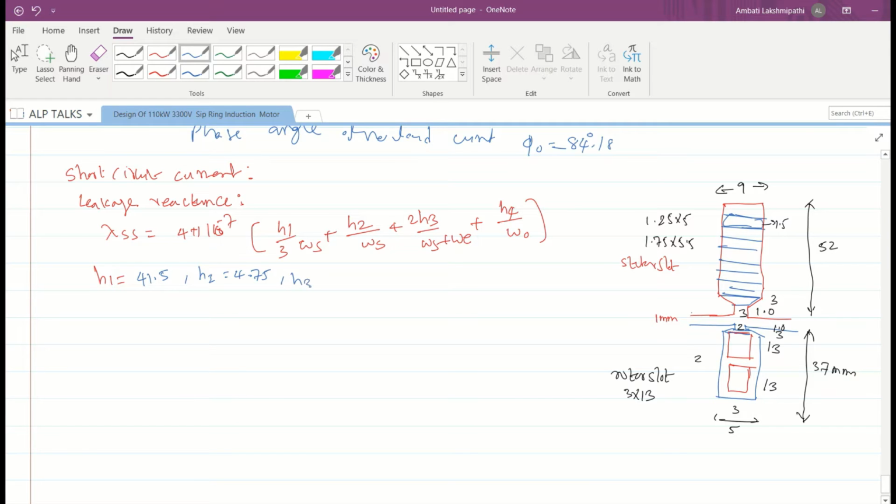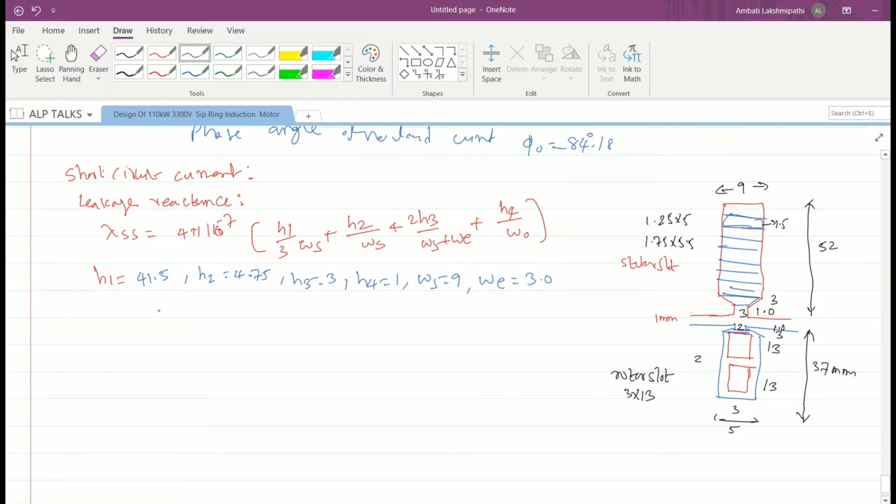Similarly h3 is 3 and h4 is 1, and ws, the slot width, is 9 mm, and the slot opening, we will say we, is 3.0 mm.